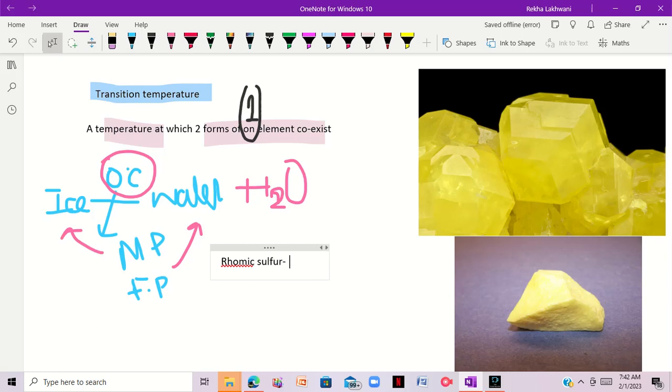Rhombic sulfur gets converted into monoclinic sulfur at a temperature of 95.5 degrees Celsius, right?